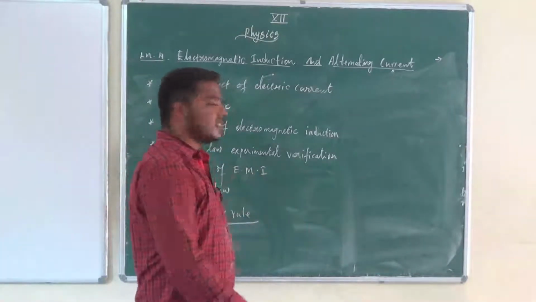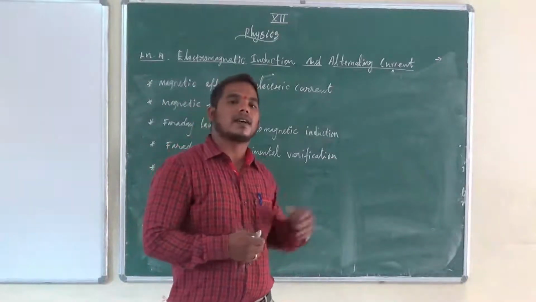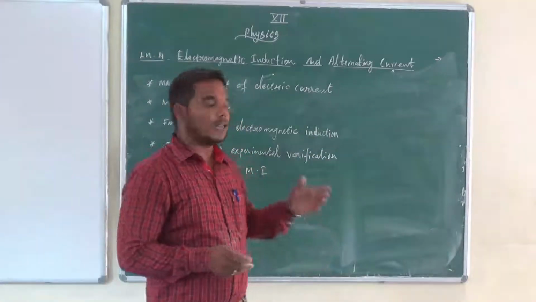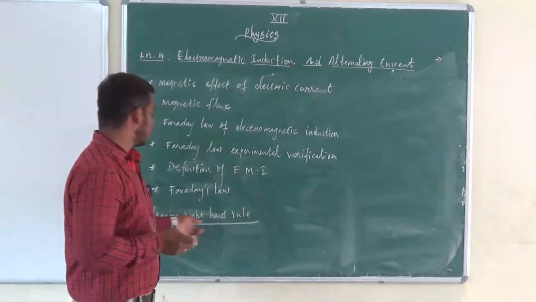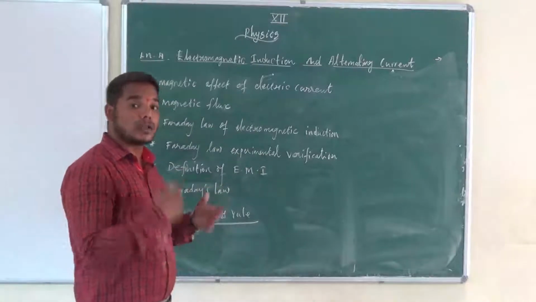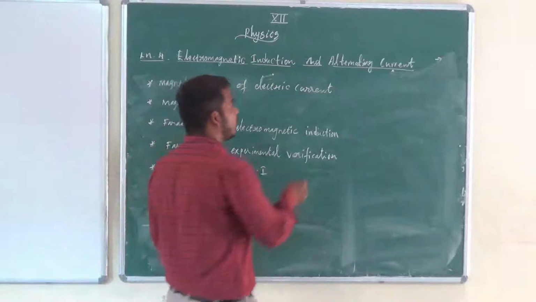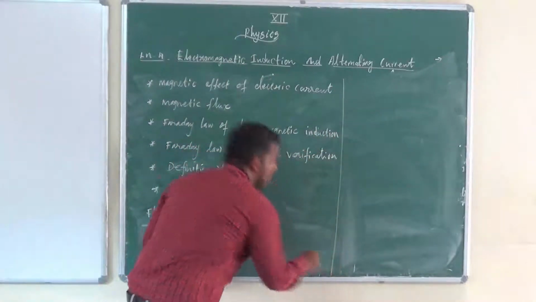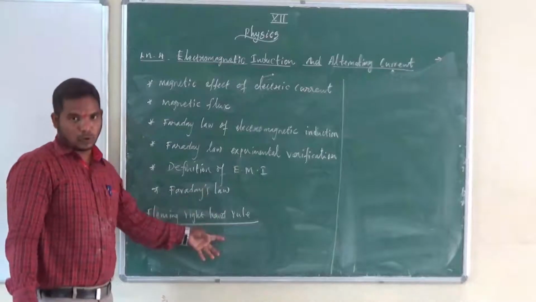Already in our previous chapter, third lesson, magnetic effect of electric current, we discussed the Fleming left hand rule, and in this chapter, electromagnetic induction and alternating current, we are going to discuss the Fleming right hand rule. I hope you studied both in 10th standard itself.